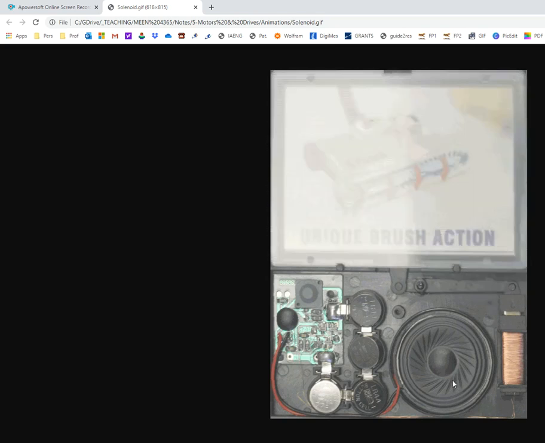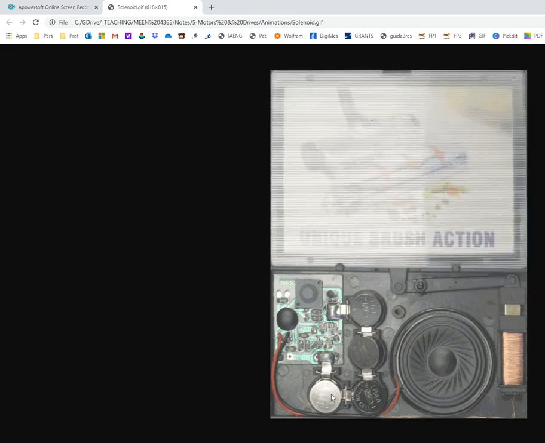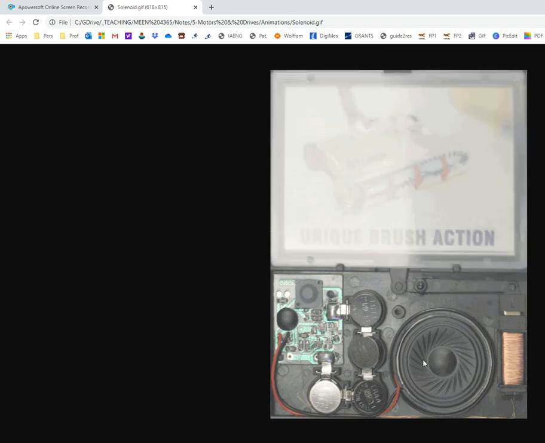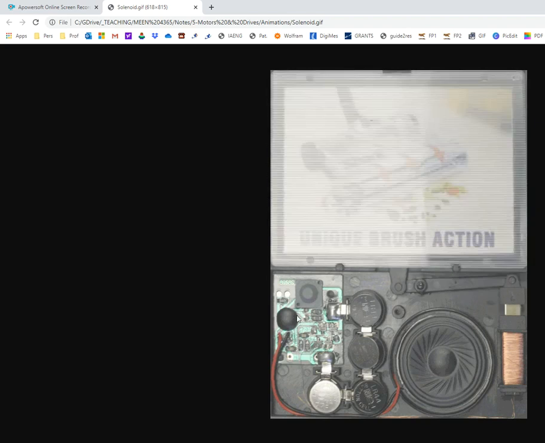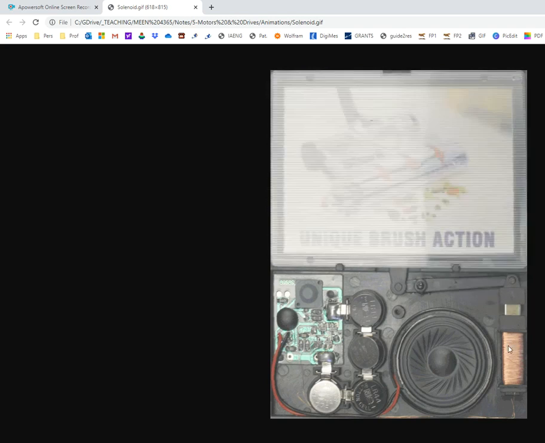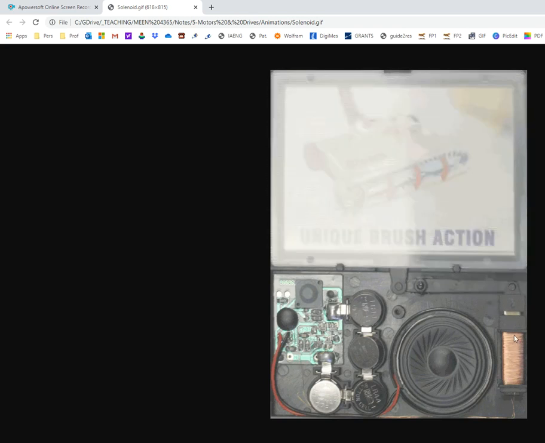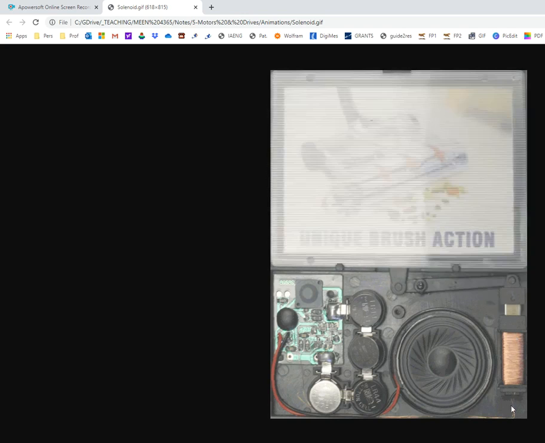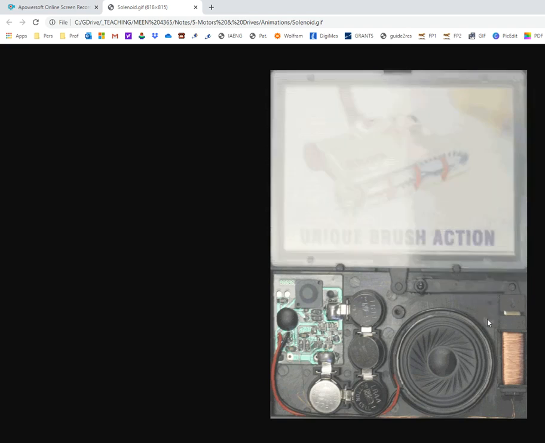In addition, it has a little speaker, the batteries, the electronics that produce the voice, the sound, a microcontroller, and also the solenoid, which is energized in both directions. There's no spring here, or is there? I don't recall. It might be one hidden. Anyway, an example of a solenoid application, FYI.